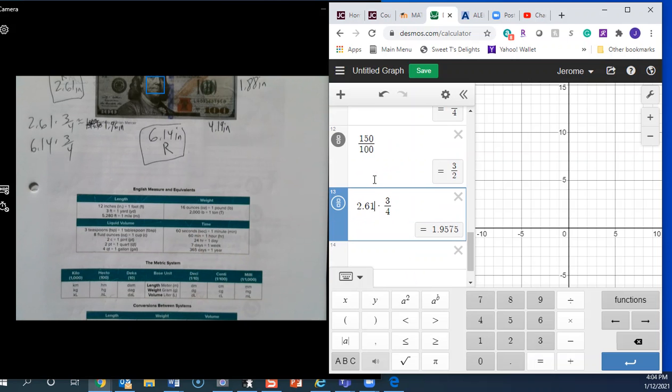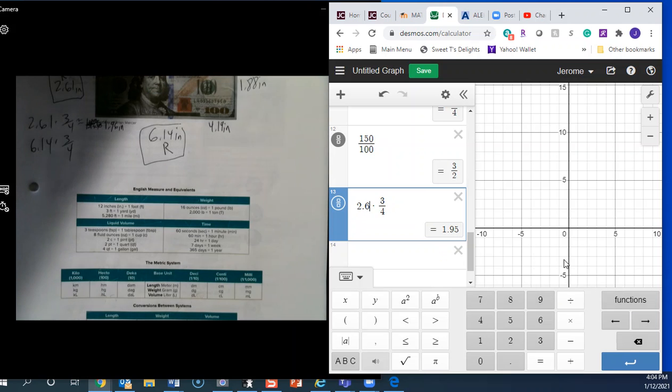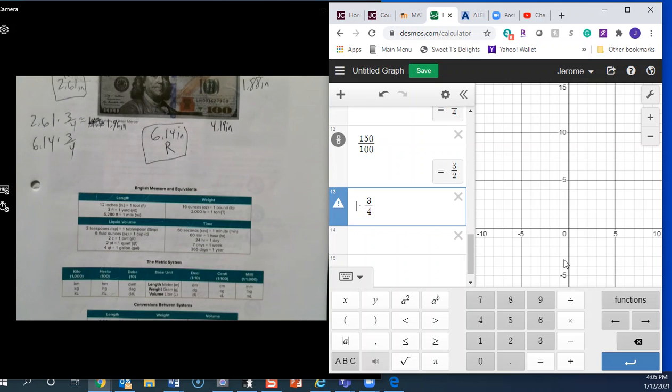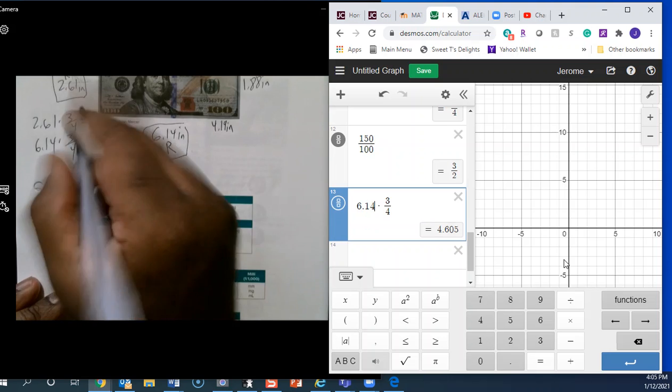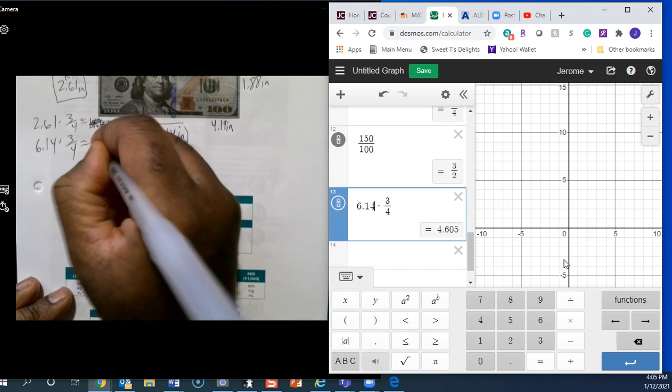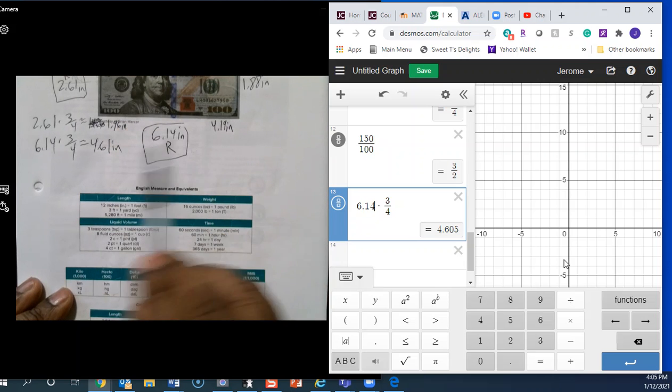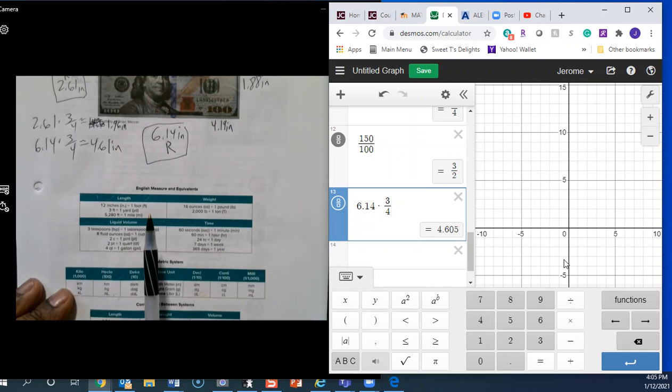Now we would take this same problem and we're going to take the other side, which is 6.14, and then this would be approximately 4.61 inches. And if you notice here, this is less than 4.61.